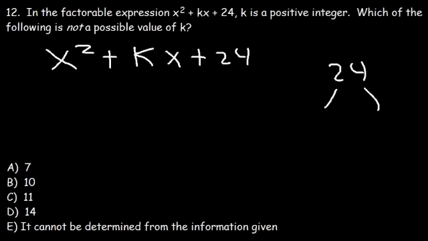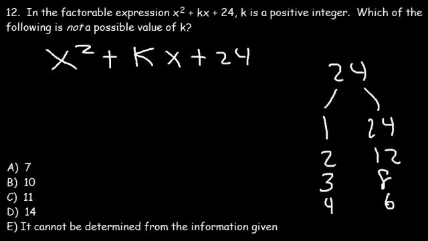So first, let's make a list of all the possibilities, all of the two numbers that multiply to 24. So this would be 1 and 24, 2 and 12, 3 and 8, 4 and 6.